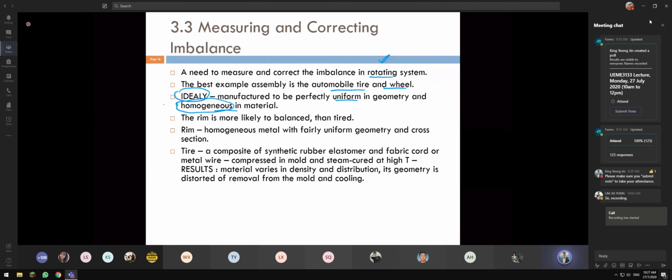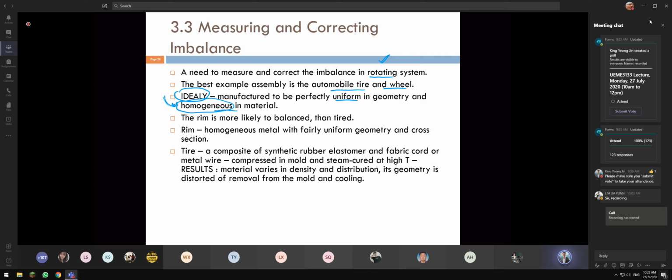You may achieve maybe 95 or 98%. The small percentage of non-homogeneity in the material will cause the weight distribution to be slightly different.